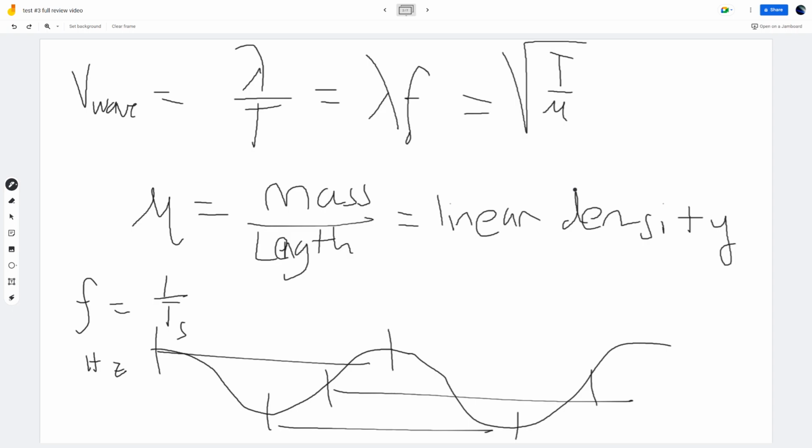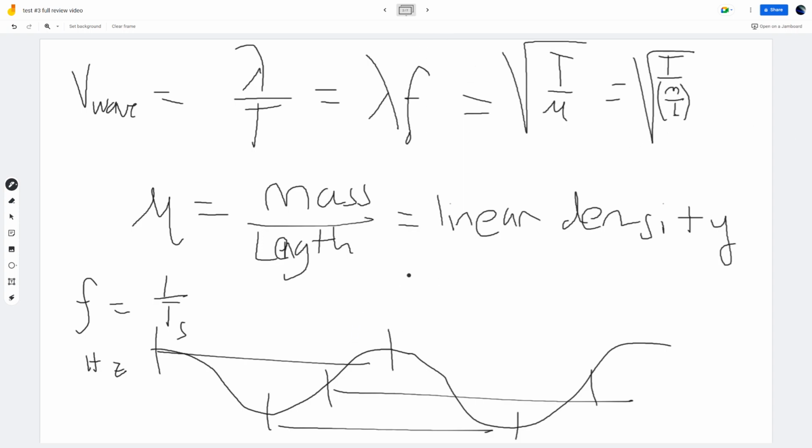So the linear density is calculated as mass over length of the string. This is only for strings, I believe, or anything that has mass and a length. This isn't necessarily the wavelength, but we could also write this as T over M over L.